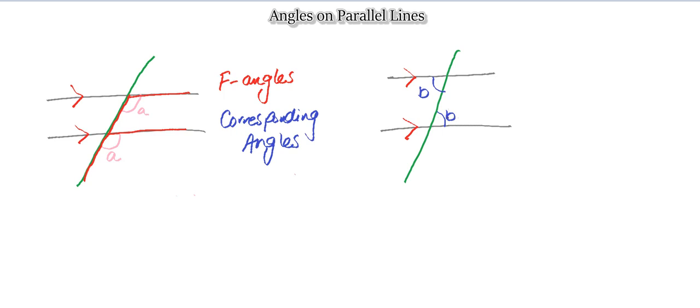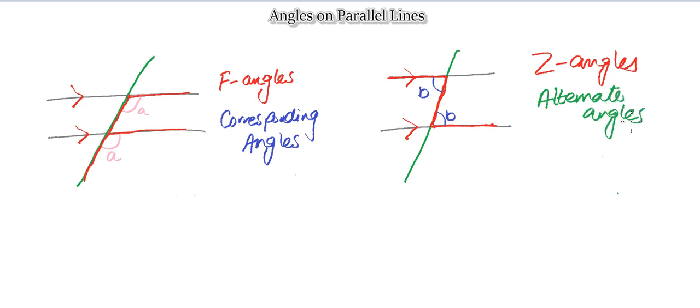And we can easily identify them by labeling them as a Z. So these are Z angles. You see? However, the correct mathematical term for this angle would be the alternate angles. Alternate angles.